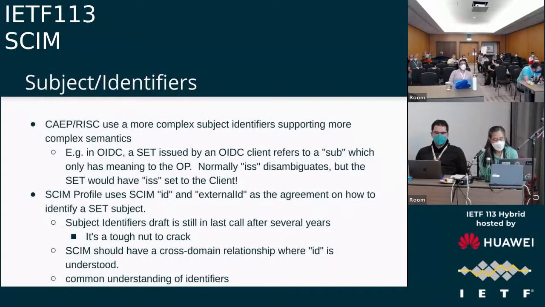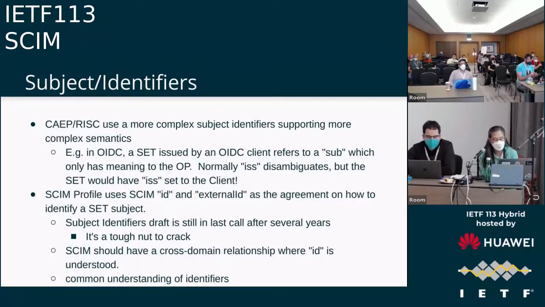When an ID token was issued, the subject was not uniquely identified by the sub claim. It was always within the context of an ISS claim and the sub claim together. It turns out the ISS claim was doing double duty. It was both the issuer of the token and the issuer of the sub value.